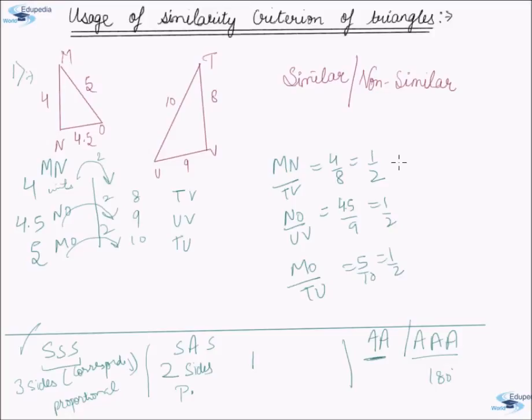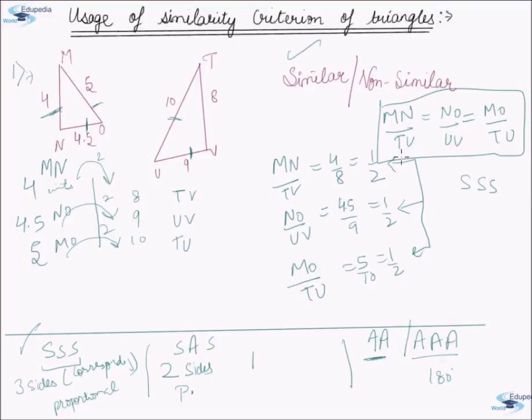Thus we can say that all the three corresponding sides are proportional. That is, MN corresponding to TV has a ratio proportional to NO over UV, and this ratio is again proportional to MO over TU.